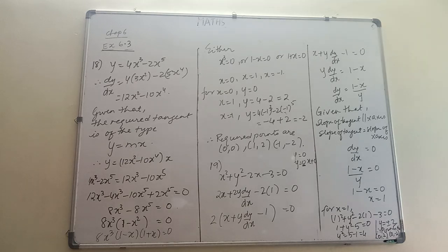Why did I write 0? It should be 1. The points are 1, 2 and 1, minus 2. Correct. These are the points. That's all. So that's how we work out this problem.